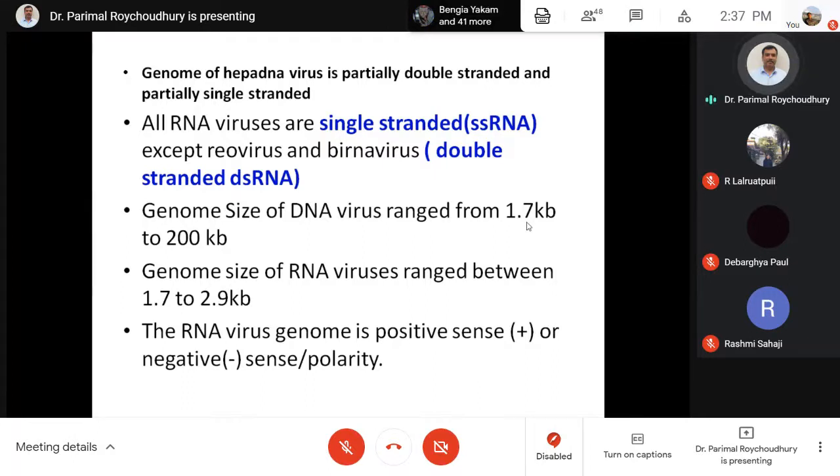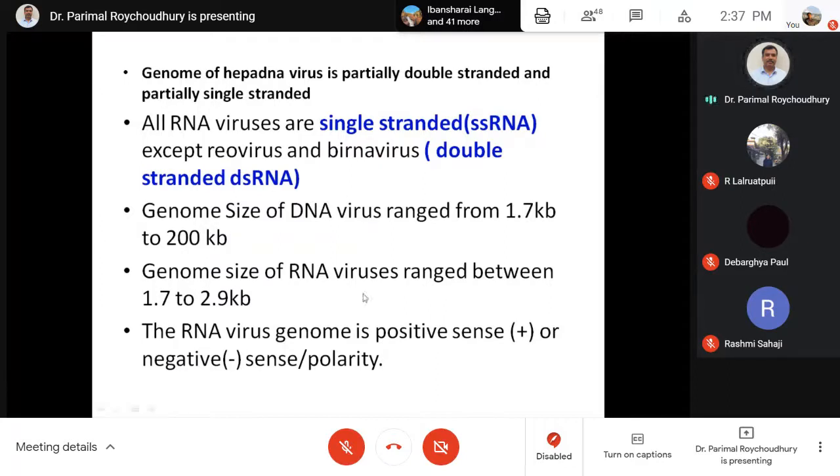So these Circoviruses have hardly 4 to 5 different proteins, and with those proteins they are happy and can survive in nature, which is beyond comparison with higher plants and animals. So the DNA viruses range from the very simple, very short genome length of 1.7 kb to some of the higher kinds of viruses like African swine fever virus and pox viruses, where the genome is very, very big, almost 200 kb.